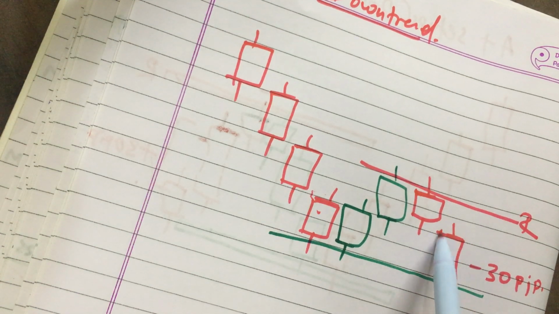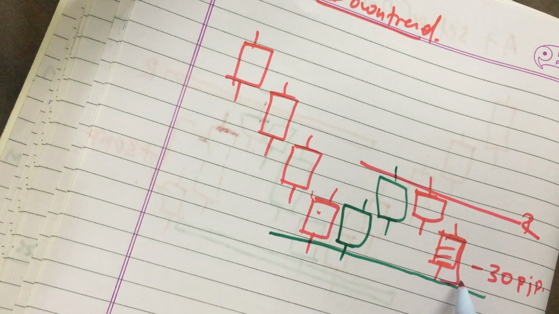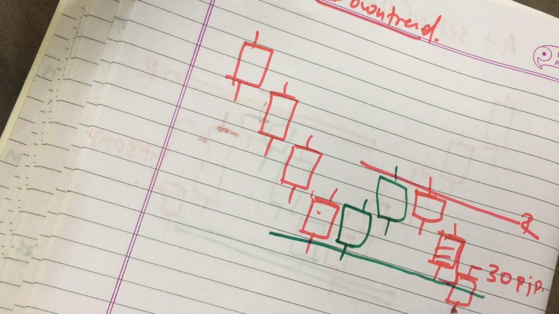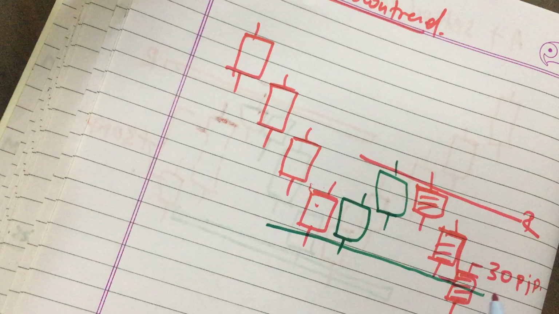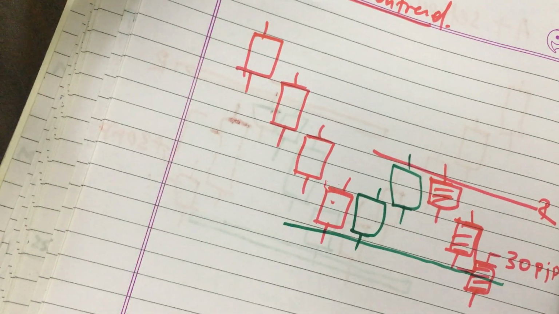So you are expecting the next candle to form bearish. The next candle printed a small body but bearish. What's the probability that the next candle will continue to push down after breaking the low of the previous candle? It's going to be very, very high.